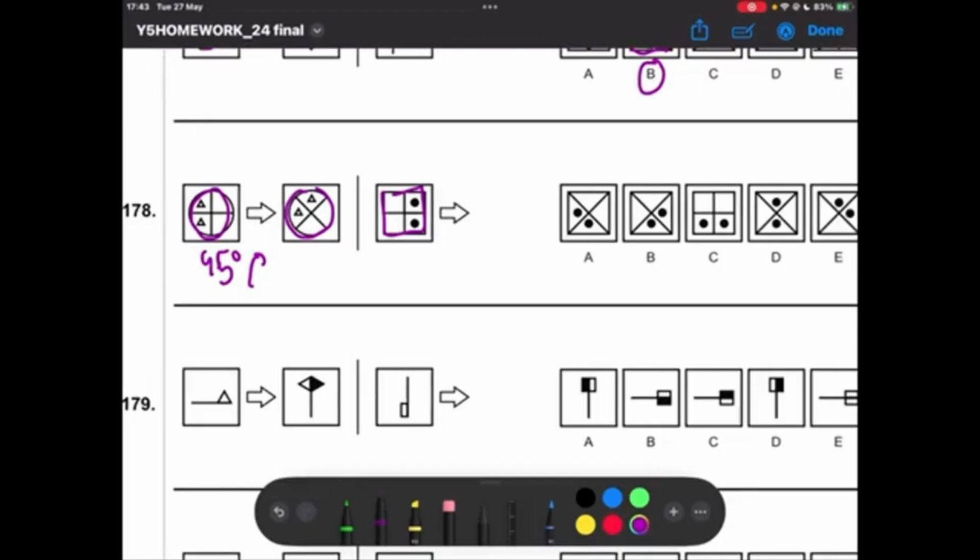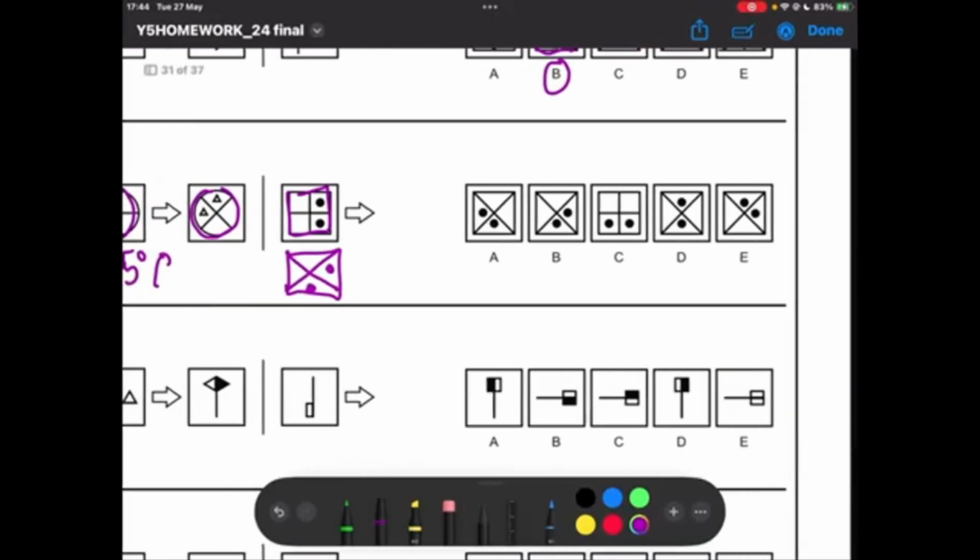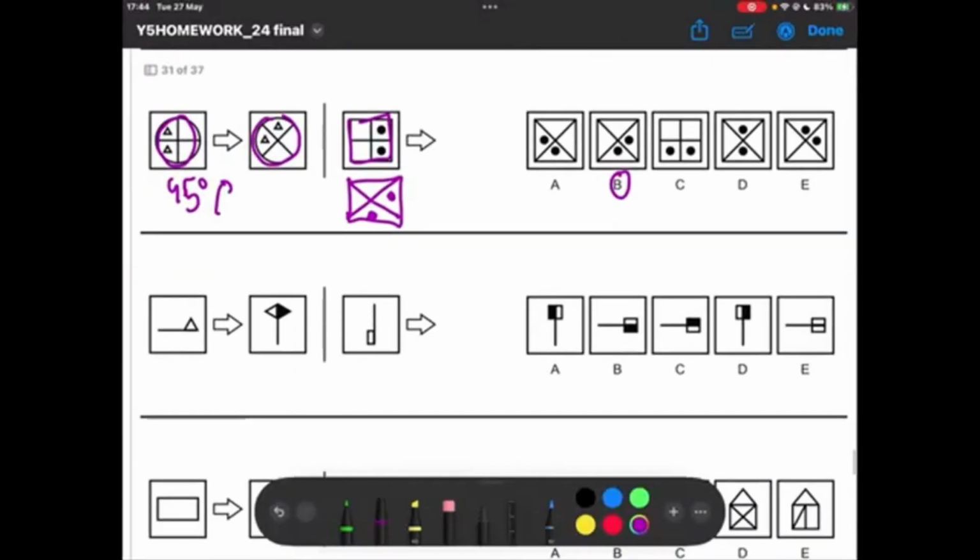So that's going to end up looking like this, with the lines now looking like a cross instead of a plus, and the black circles will now be here and here. Let's see if there is an answer option that matches with that. There is, B, so B is the answer.